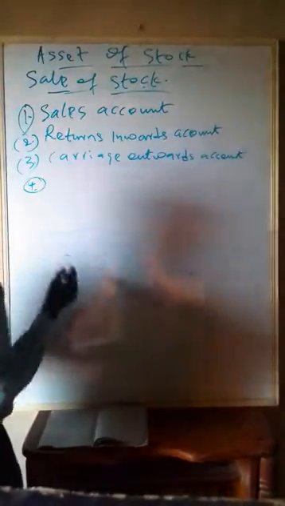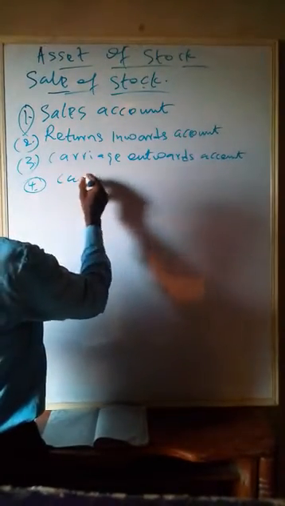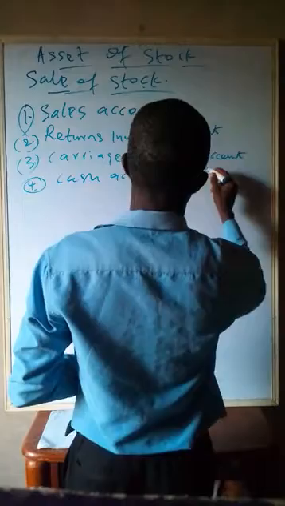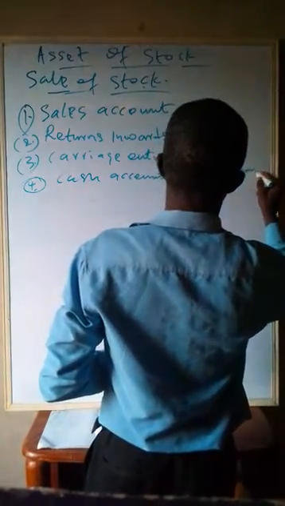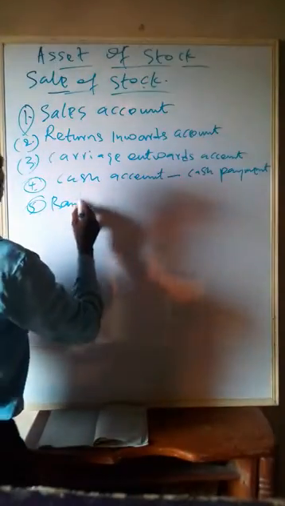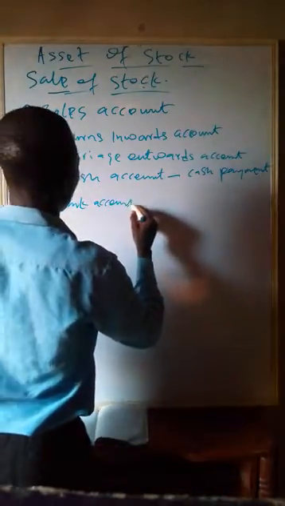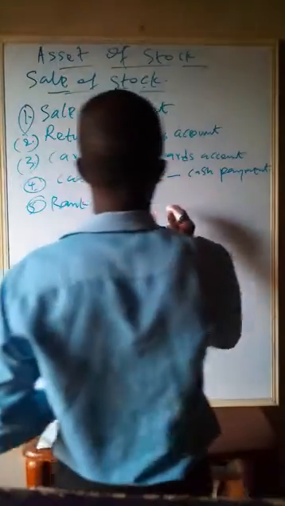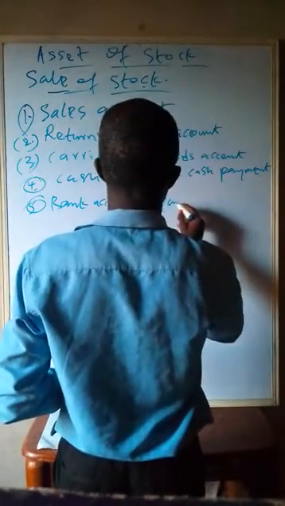And four, that is a cash account, if it is cash payment. And five, bank account. That is under payment by check.